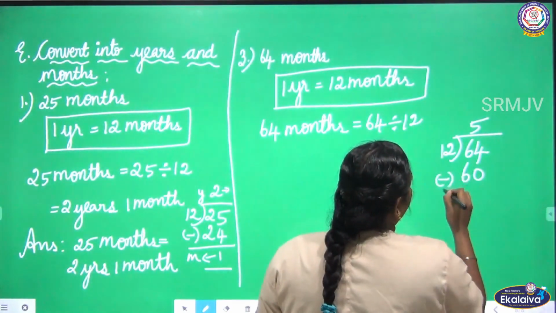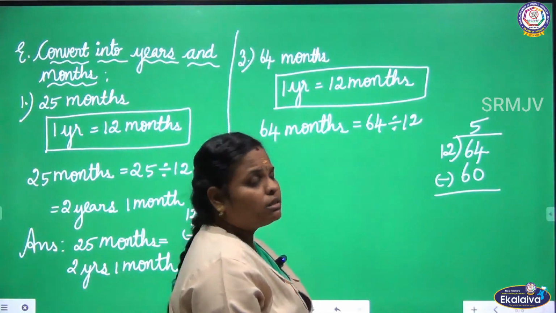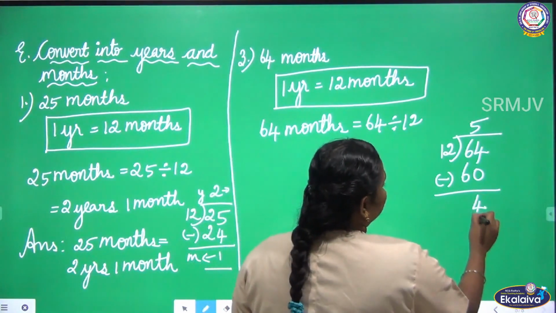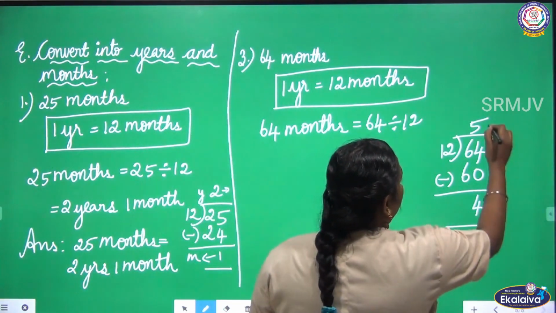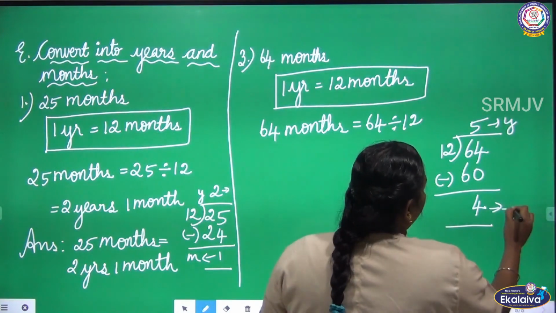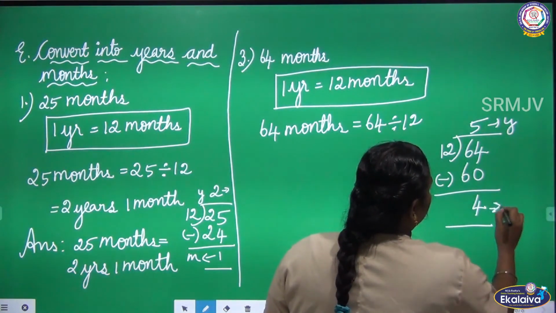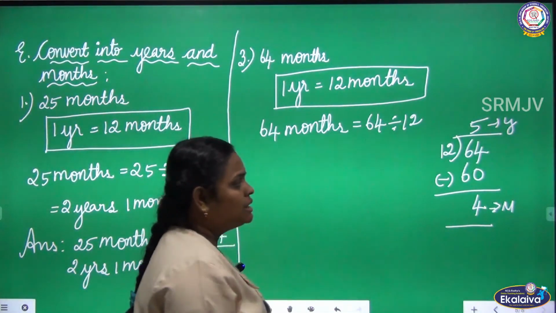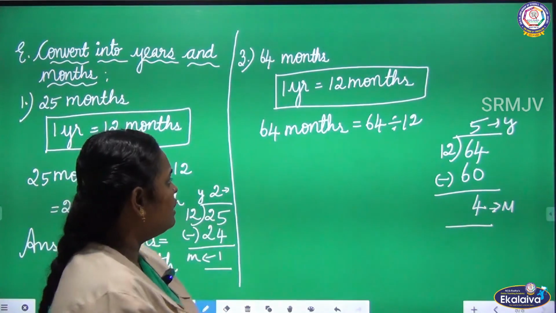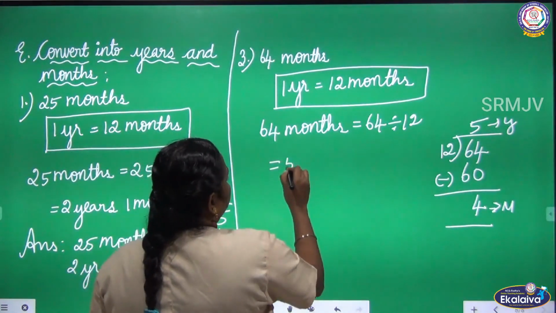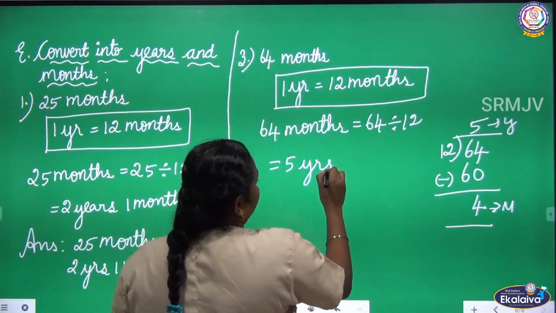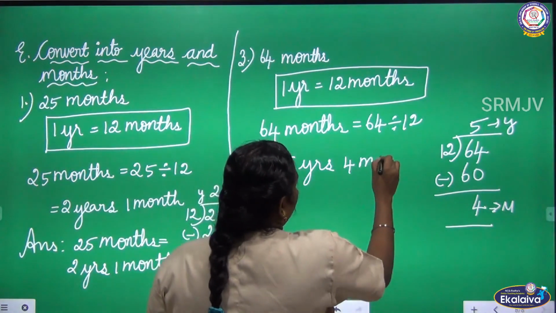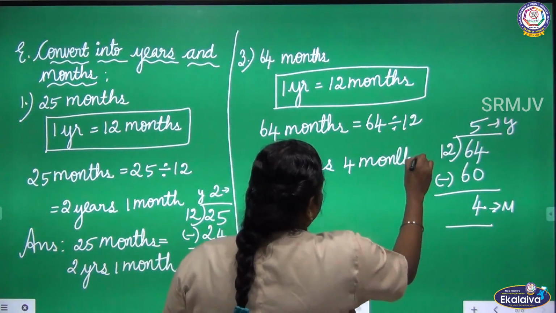So subtract, 4 minus 0 is 4, then 6 minus 6 is 0. So how many years, how many months, children? 5 years and then 4 months.